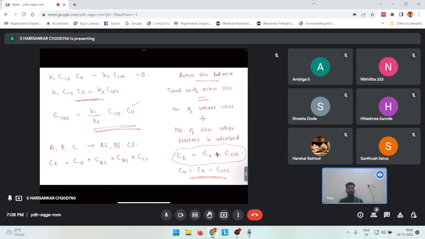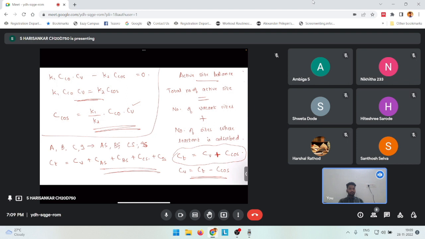And if you have an inert substance I in the reaction that also gets adsorbed onto your active site and becomes IS, you'll have to add that term as well, the CIS. So this is the site balance that we want to use to eliminate this Cv term.